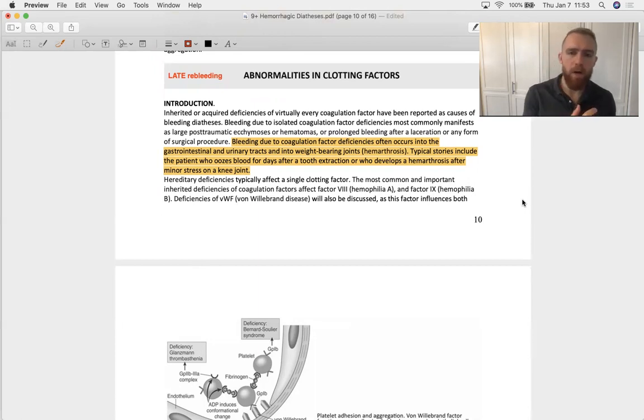If you can't make a platelet plug, then you get a small little scratch and it'll just keep bleeding all over the place. That's a platelet problem. If you have a clotting factor deficiency, you get a small little scratch and it'll heal right up because there's nothing wrong with your platelets. However, if you move that scab, it's going to start bleeding right again because the platelet plug never gets cross-linked if you have a clotting factor problem.